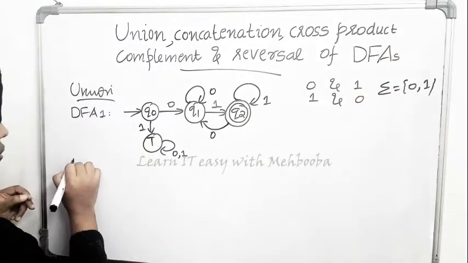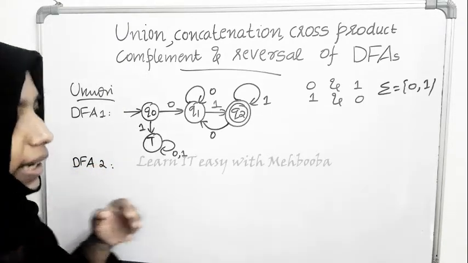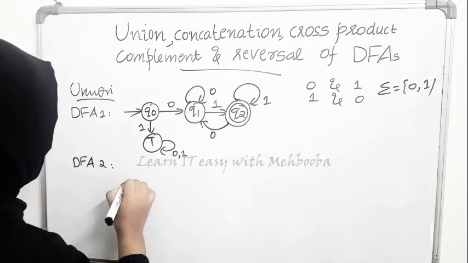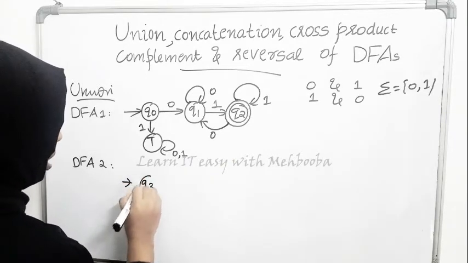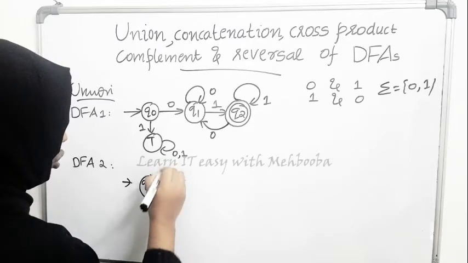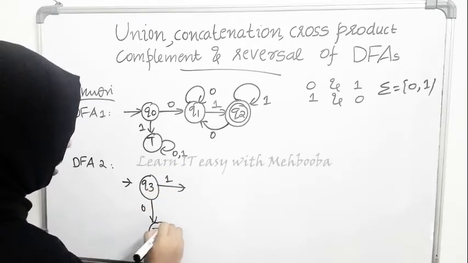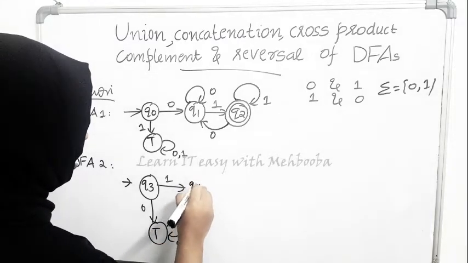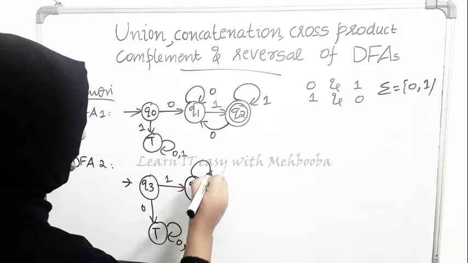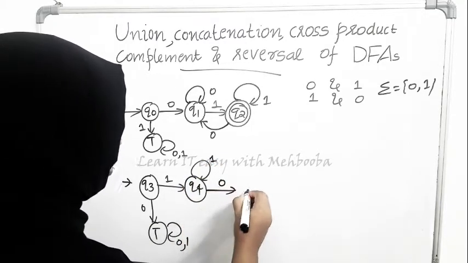DFA 2, which is for strings starting with a 1 and ending with 0, is just the opposite, isn't it? So I'm giving different state names. Q3, starting character should be a 1. If it is a 0, no way, please be in the trap state. And Q4, you can have any number of ones in between, and the final character should be a 0.